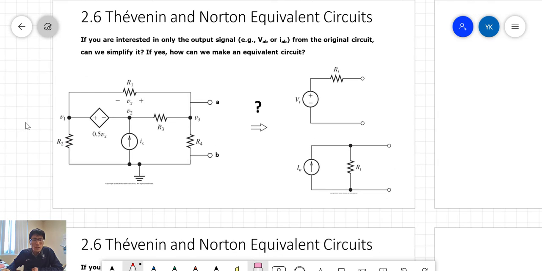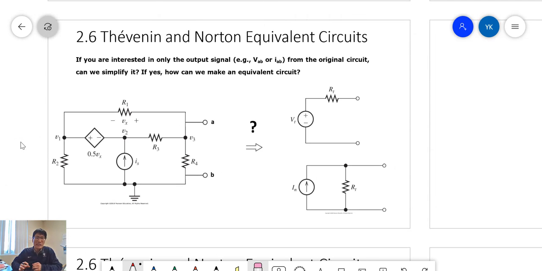Now, this circuit is a little complicated. This circuit was given and there are two terminals, one is the A terminal and the other is the B terminal, and from A and B a signal comes out. This signal can be a current wave or a voltage wave, either one of them.